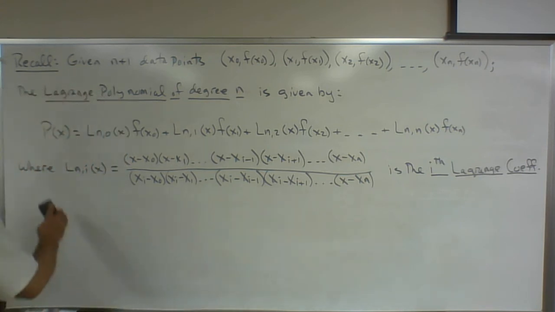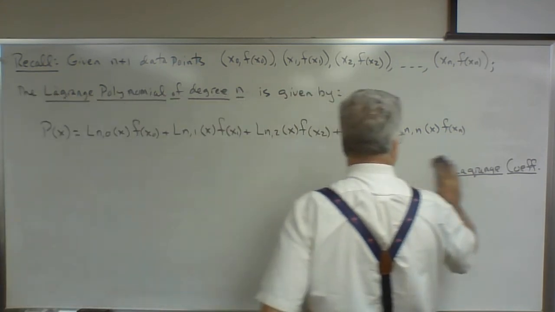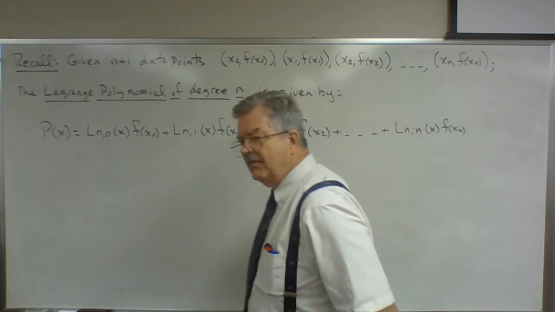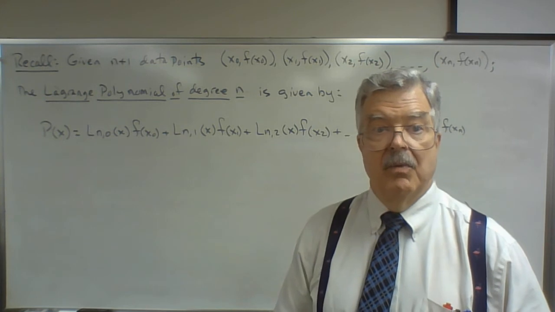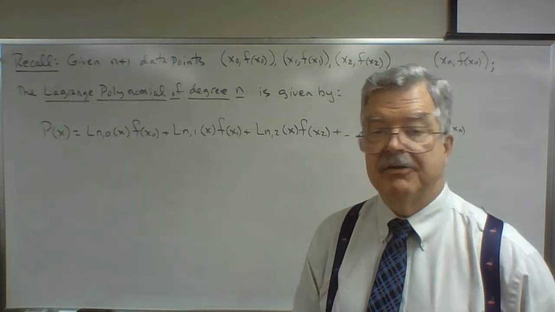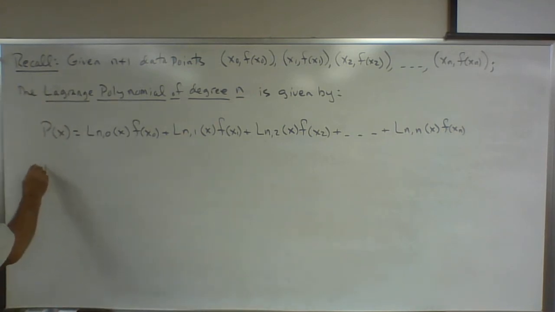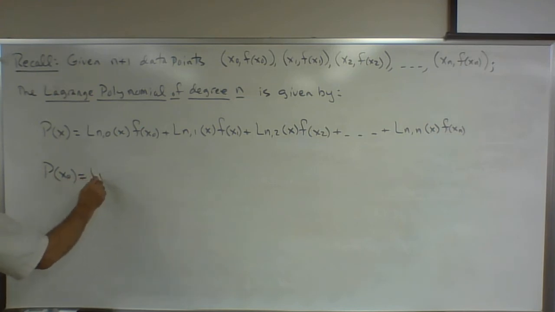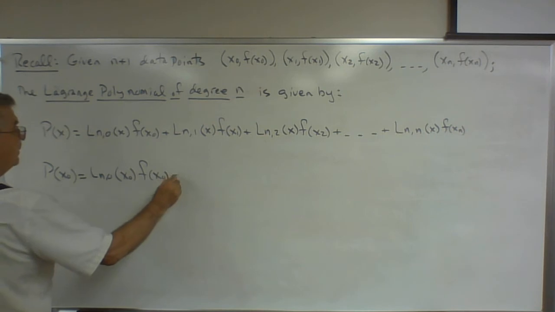Now, let me erase this monstrosity. We're not going to look at it for a while. But let's put into practice what we just saw a few minutes ago. P evaluated at x0. Let's see, that's going to be the zeroth Lagrange polynomial evaluated at x0 times f of x0.